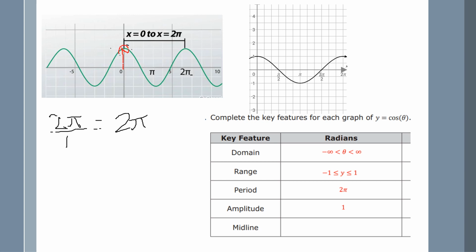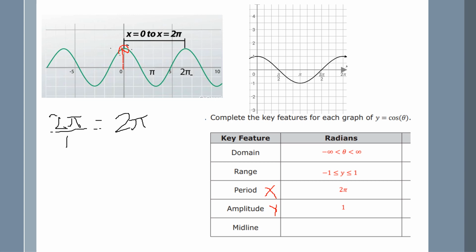All your high points touch when y equals 1. So because of that, your amplitude is 1. So you figure amplitude as the highest y value, and you figure period in terms of repetition along the x value.